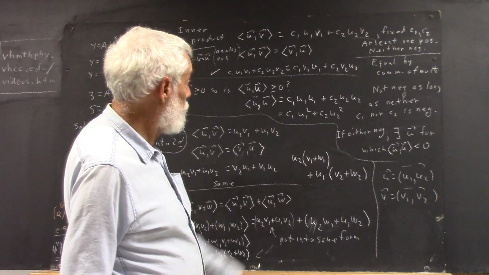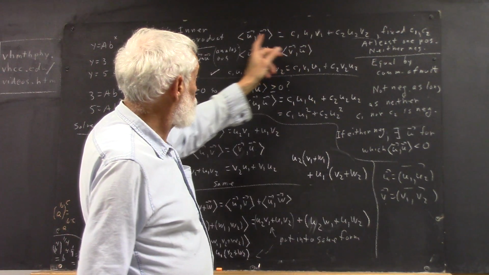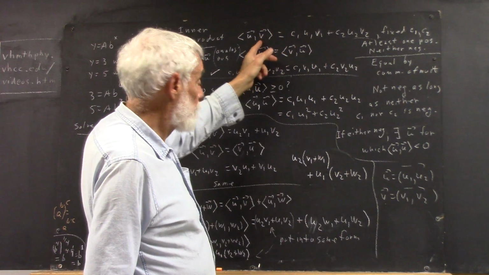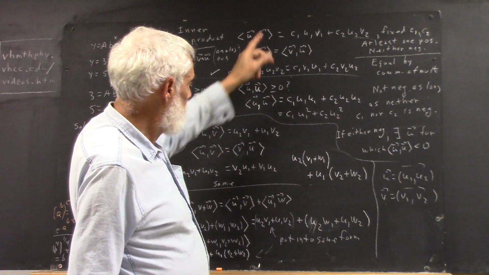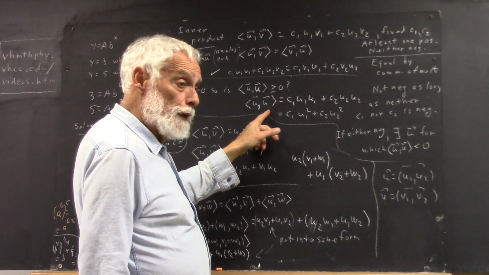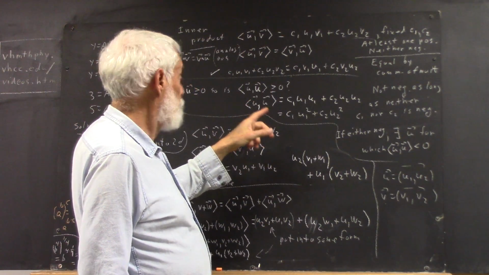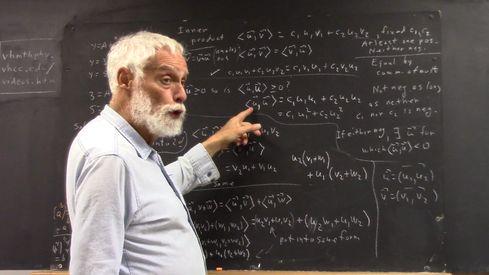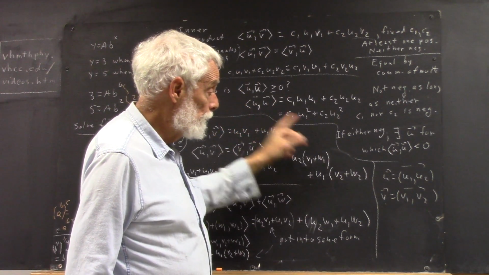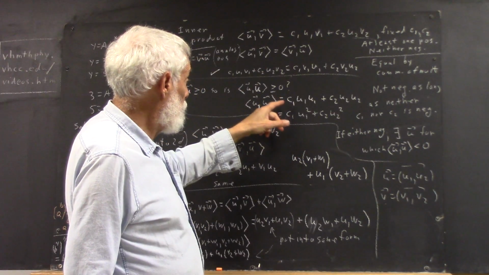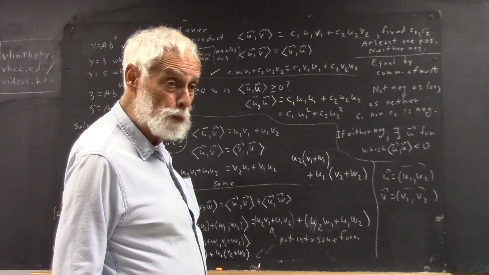The inner product is C1 times the first component of the first vector times the first component of the second vector. Here, the first and second vector are both the U vector, so we have C1 times U1 times U1.